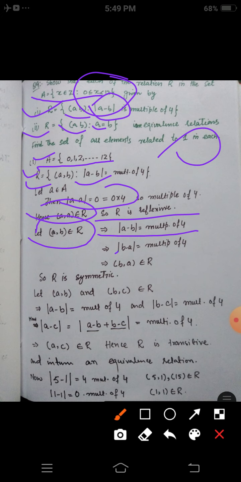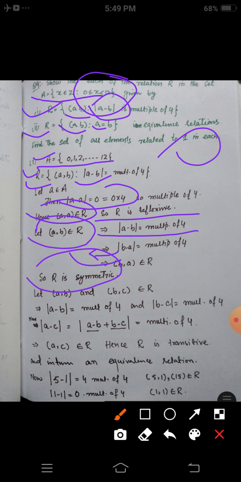So we have |b − a|, which is again a multiple of 4. This means that (b, a) belongs to R. Hence, since this was an arbitrary element, R is symmetric also.